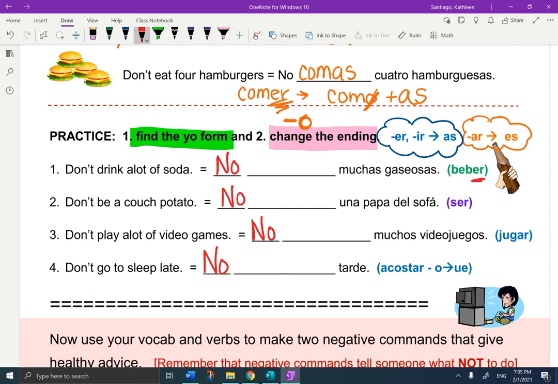Beber is an ER verb. So ER verbs. Find the yo form. Bebo. Chop off the O. Opposite vowel for an ER is an A. No bebas muchas gaseosas. Don't be a couch potato.